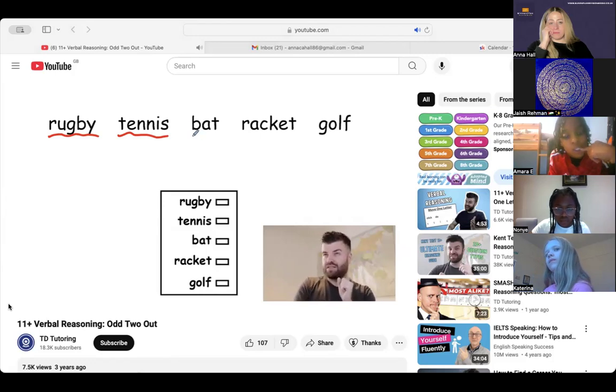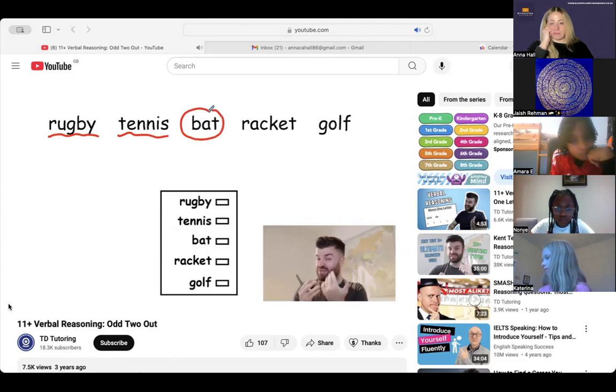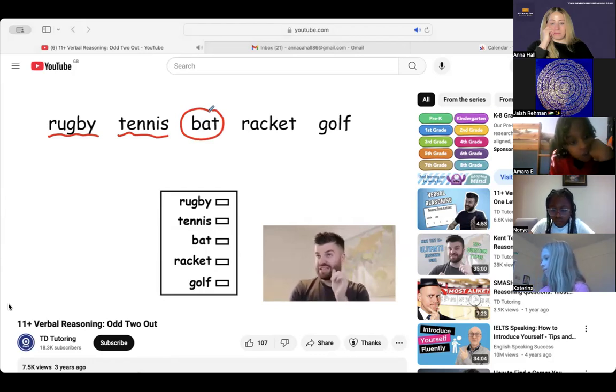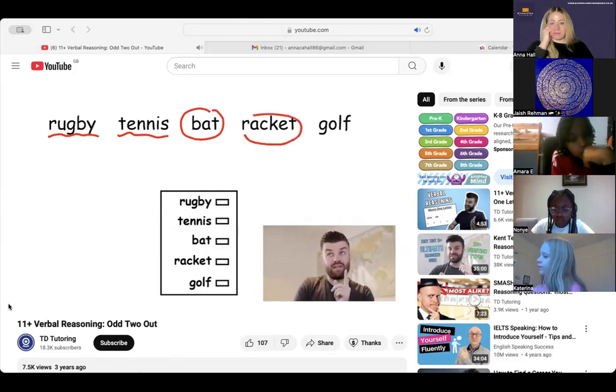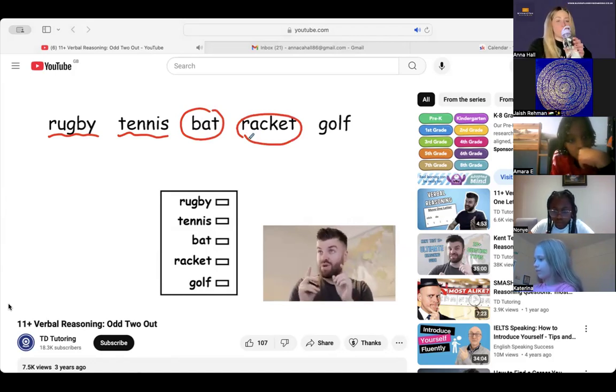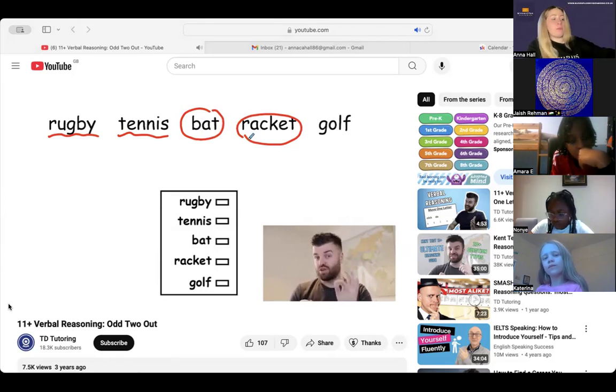Looking on to bat. Now, what do we know about bat? Well, we use a bat to play some sports. It's a piece of equipment that we can use. So actually, do they go with rugby and tennis? No, they don't. Let's keep going. Racket. Again, similar to bat. A racket can be used to play different types of sports. So we've actually got 2 groups of 2 here. Now, remember, we need 2 odd ones out.